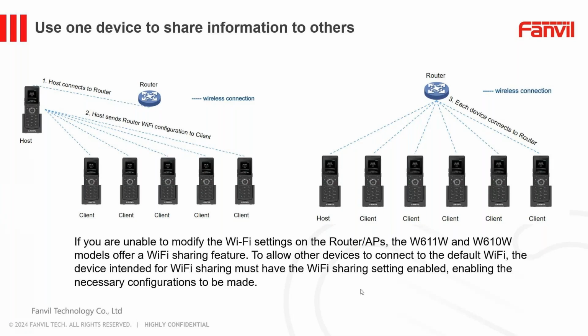The first thing is to connect the host to your router SSID and password. Then use the Wi-Fi sharing feature to share the information of your Wi-Fi to the other clients. Once the client gets the information from the host, it can connect to the router automatically, and then you can provision your device and perform other configuration or settings.